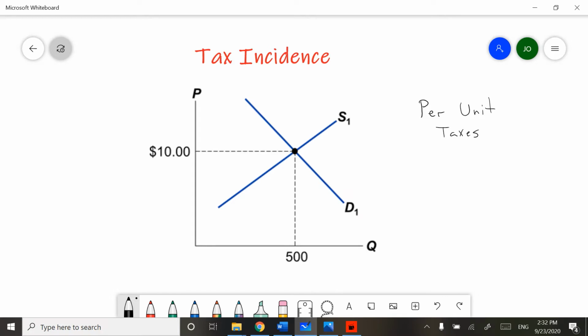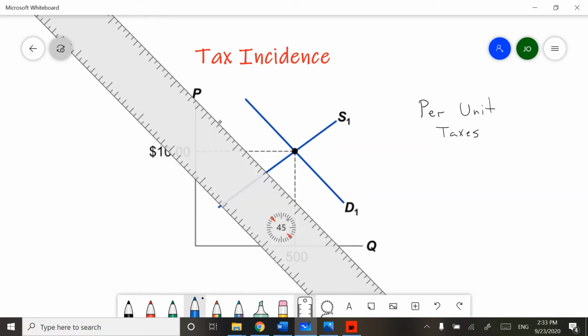If the tax is given to the consumer, what we will see is that demand will be negatively affected in this case, meaning it will shift to the left as shown.